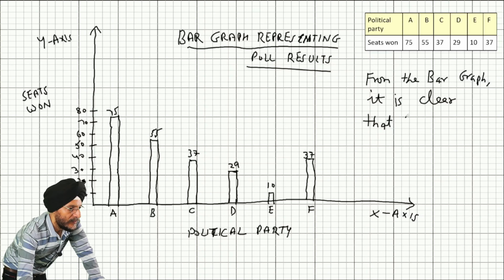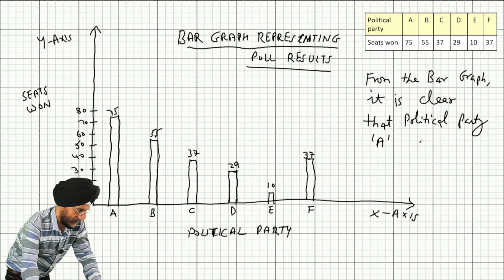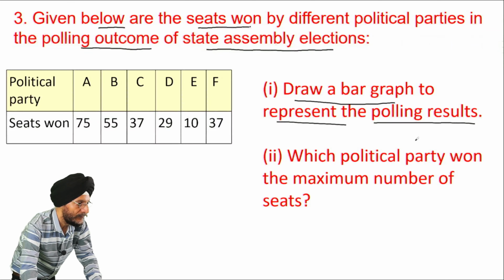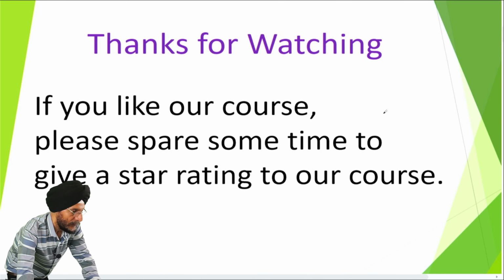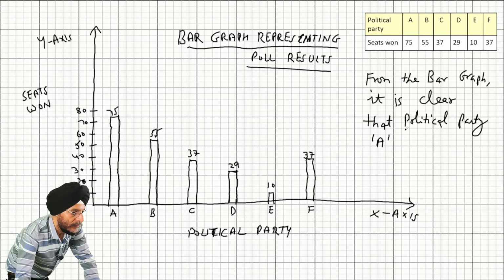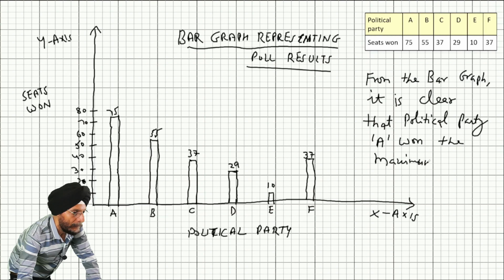that political party A won the maximum number of seats.